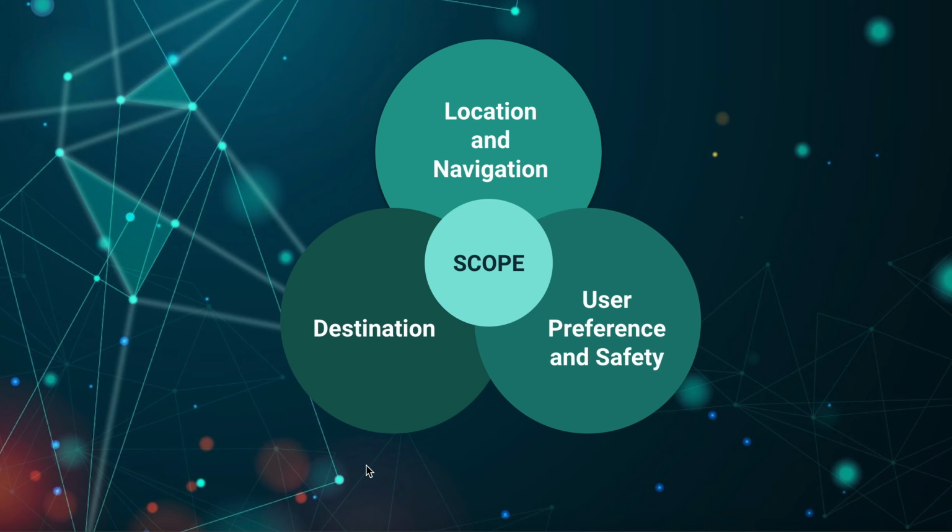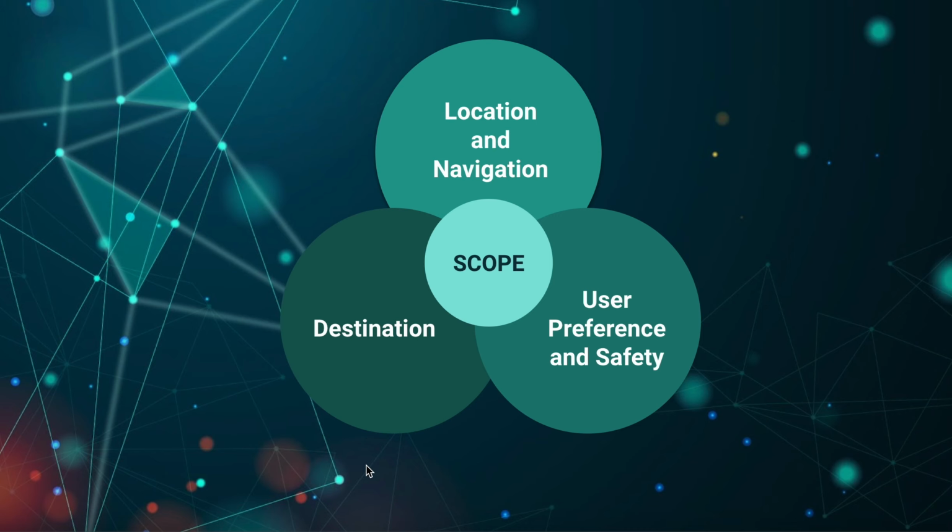And the third consideration is the destination, which takes into consideration whether or not placing the object in the destination causes some sort of harm to the object or people in its surrounding.